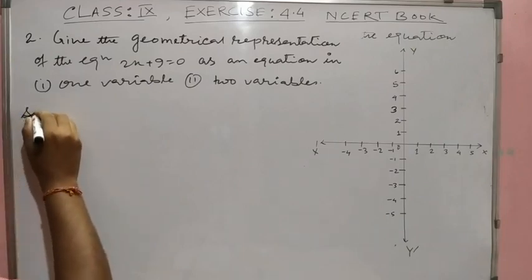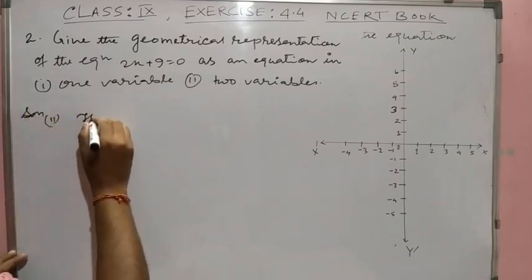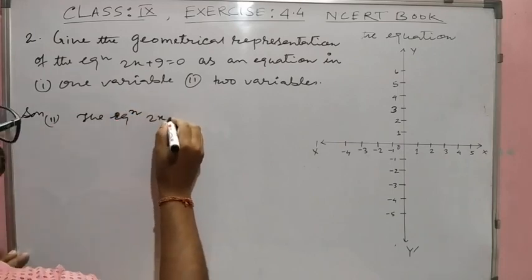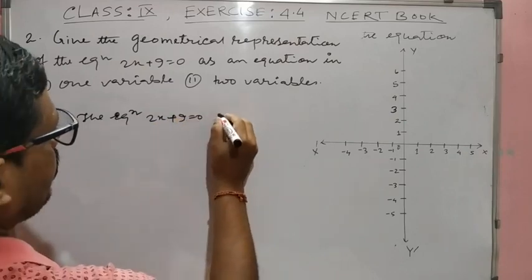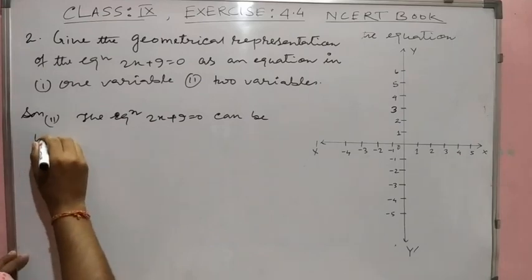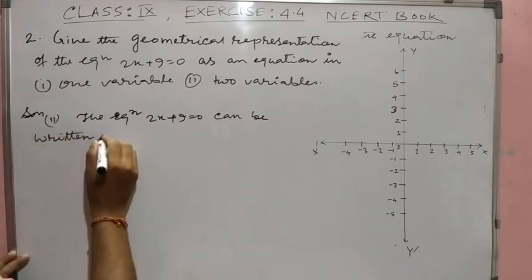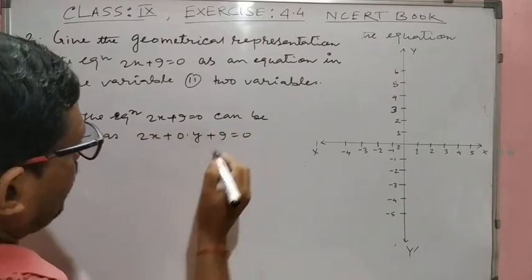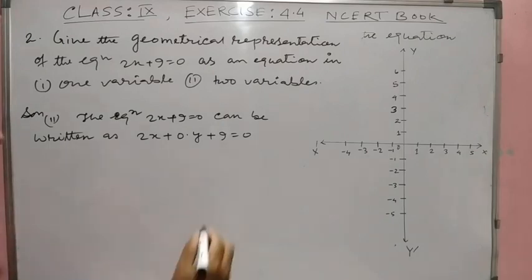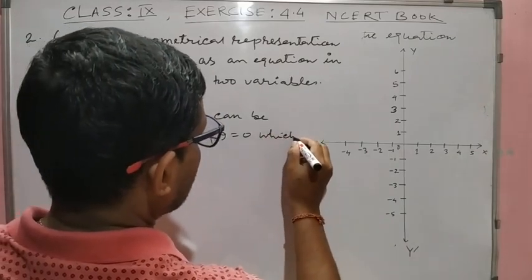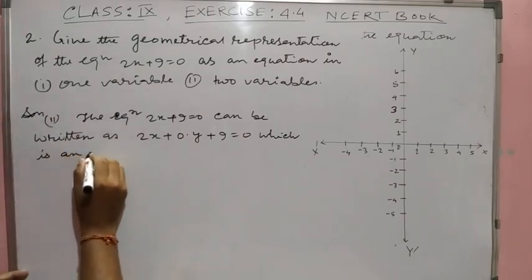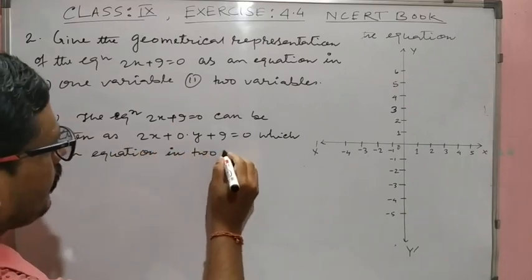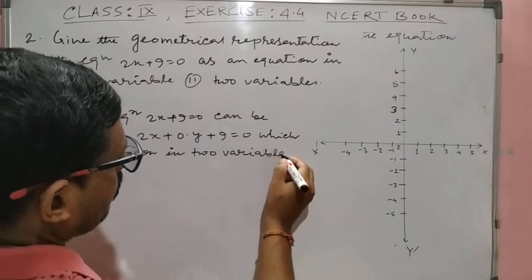So solution number 2, the equation 2x plus 9 equal to 0 can be written as 2x plus 0 into y plus 9 equal to 0, which is an equation in two variables.